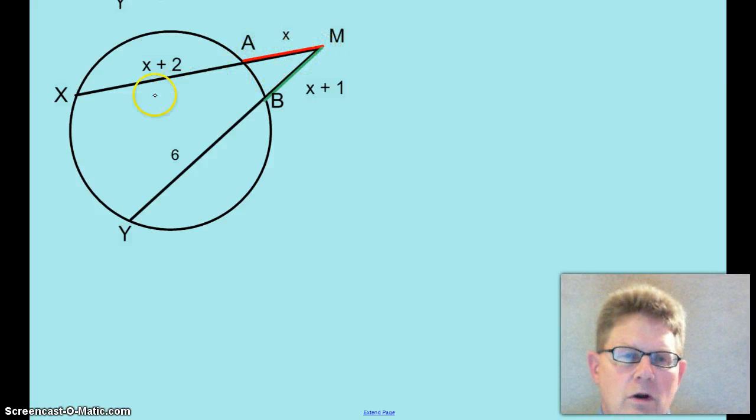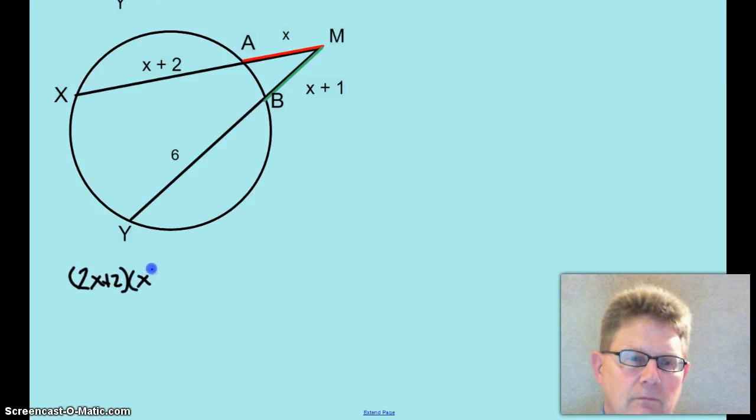The first secant, you're adding them together, so that would be 2x plus 2 times the outside part, x, is going to equal, add those two together, the full length of that secant is x plus 7 times the outside part, x plus 1.